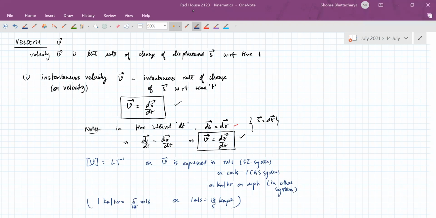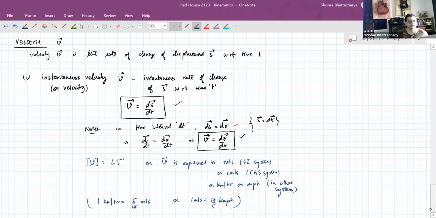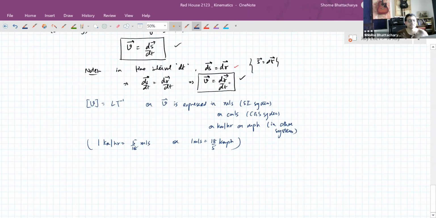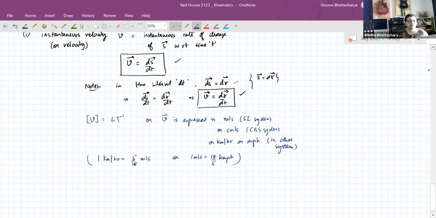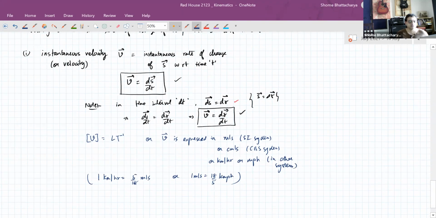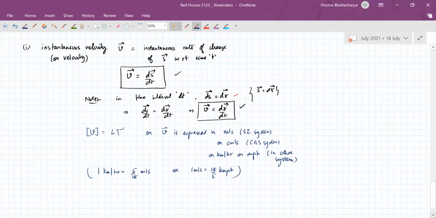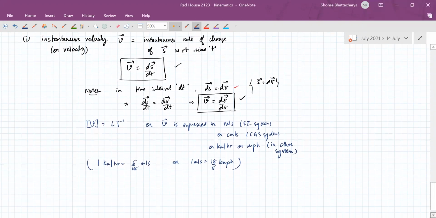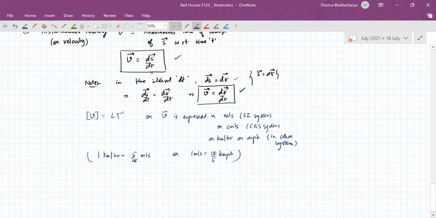Sir, here the s vector will be a function of time, na? Yes. It will be like the instantaneous position. So generally, we'll use this definition, dr by dt, because r is a function of time. S is also a function of time.